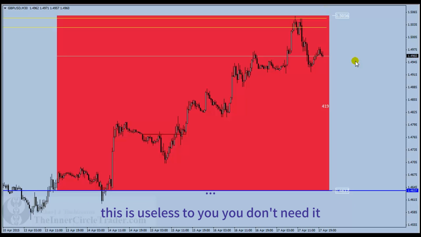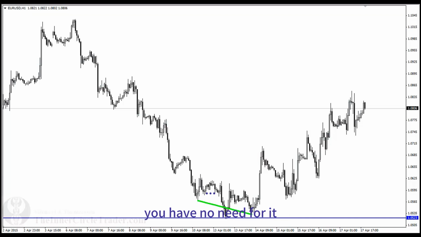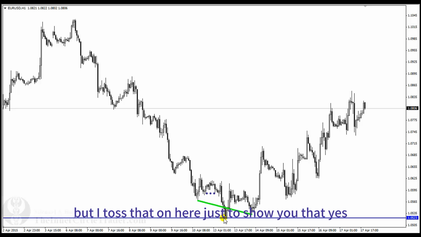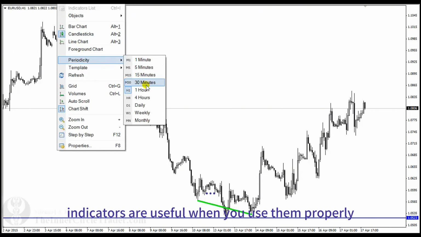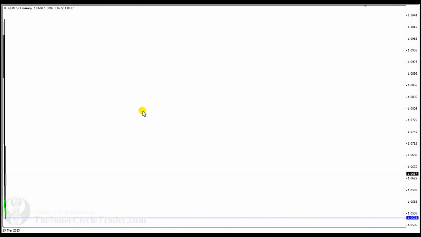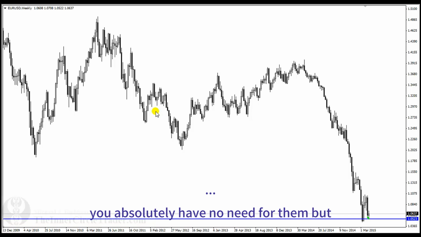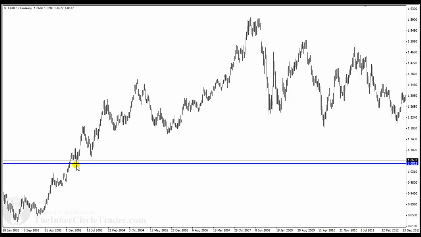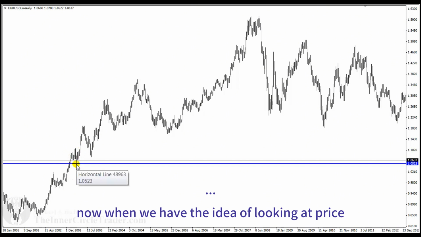Now, when we have the idea of looking at price with an idea of accumulation underway, we have a low here in the euro. And actually, let's go out to a weekly just to build some understanding of why this would even be suggested. Okay, we have a nice low here, and price reacted.